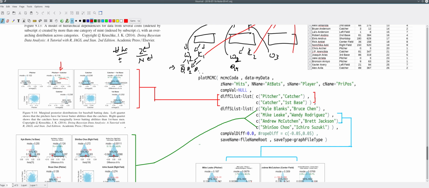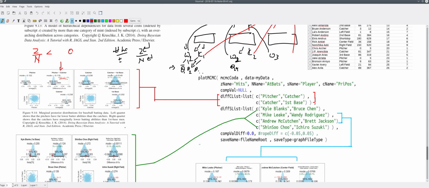I can reach that conclusion by looking at the negative value of the mode. So the value of number of runs hit to number of at bats for pitchers is less than the same value for catchers, and this aggregate value is negative 0.016.